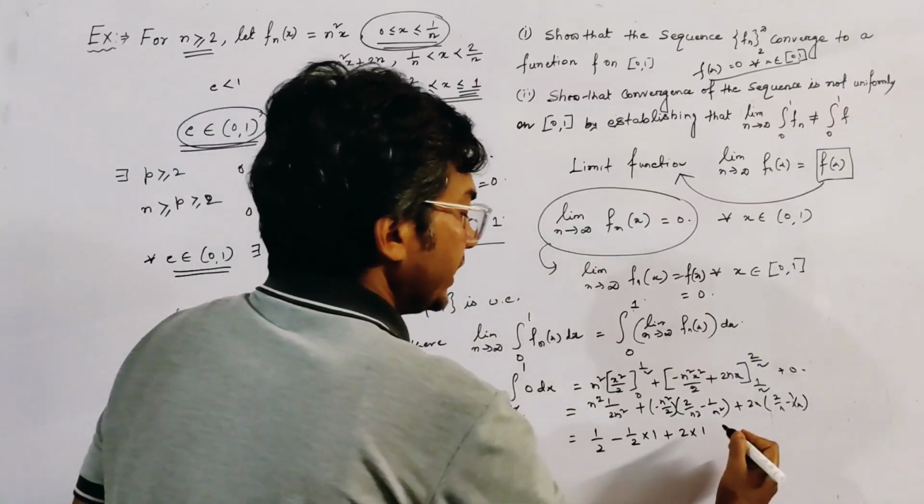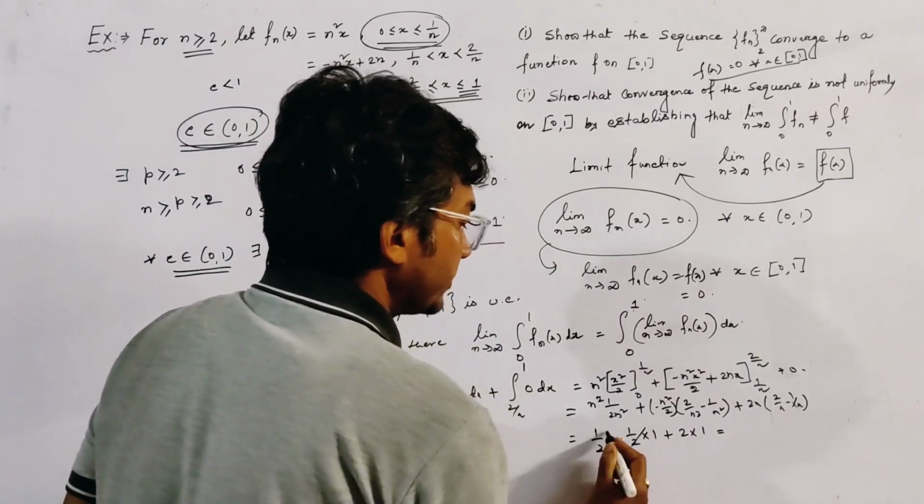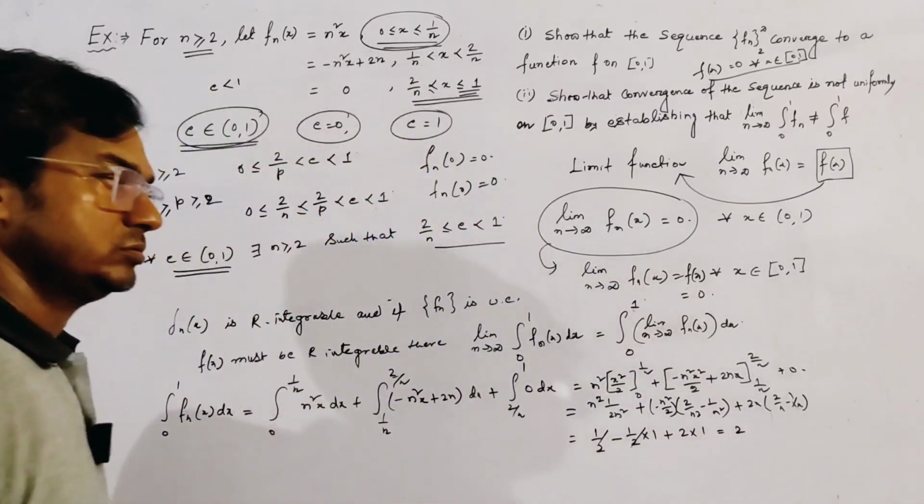So the halves cancel out, and this is 2, right?